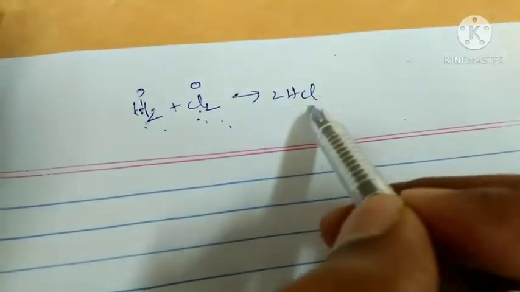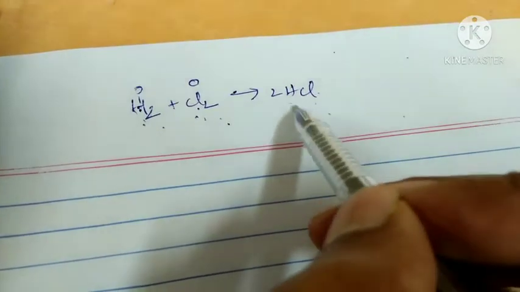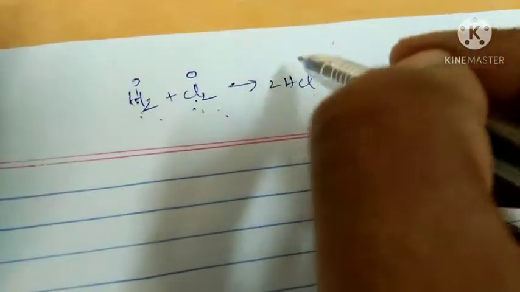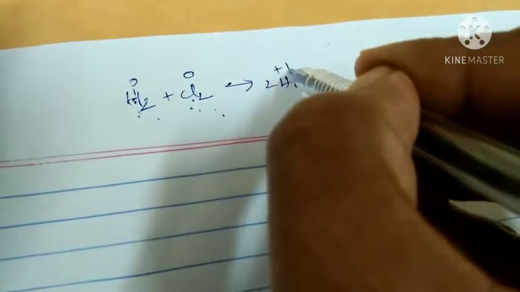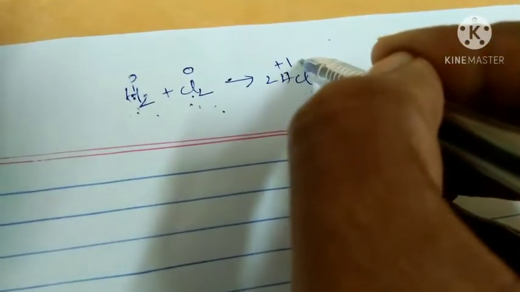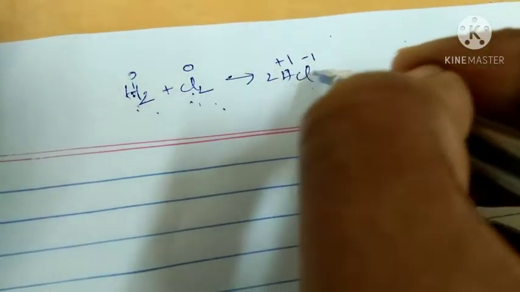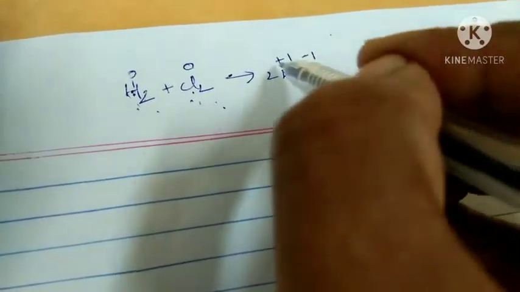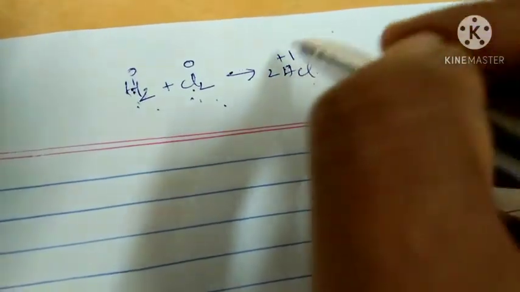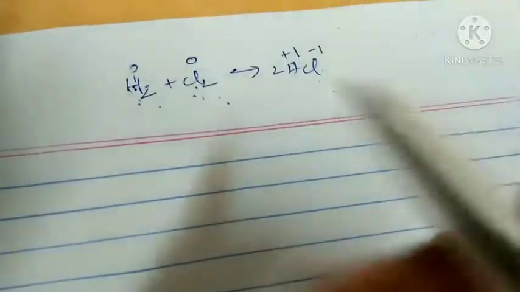Now come to HCl, hydrogen chloride. What is the oxidation state of hydrogen? +1. If it exhibits +1, automatically chlorine will exhibit -1, because this is a neutral substance. +1 plus -1, the sum will be 0.